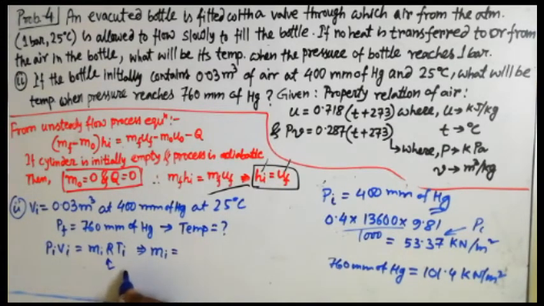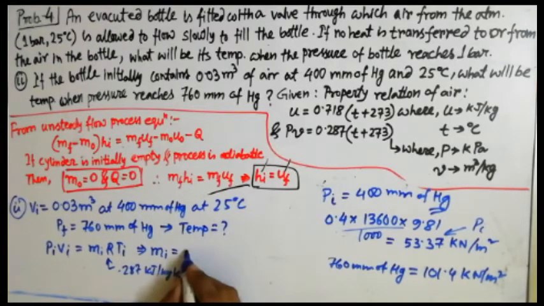Obviously the R value should be remembered. R for air is the characteristic gas constant, that is 0.287 kilojoule per kg Kelvin. That value should always be remembered by anybody for air. So if you put all those values, the mi value will come to 0.019 kg.